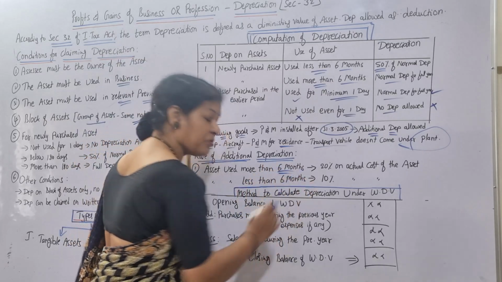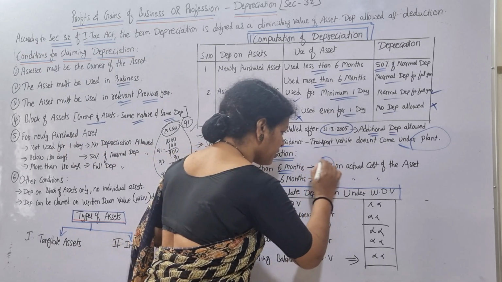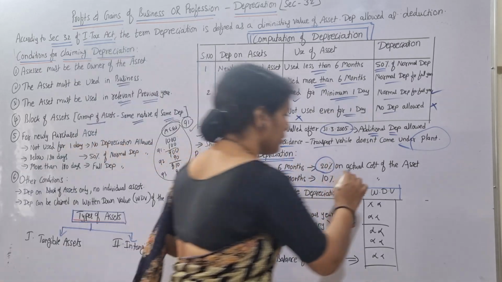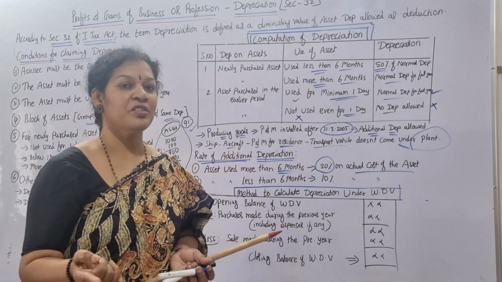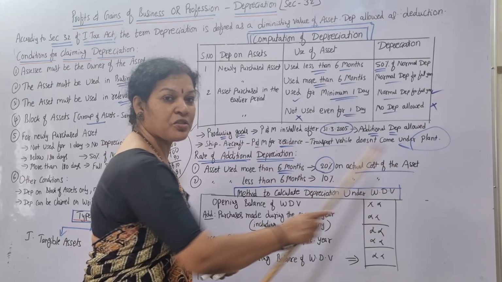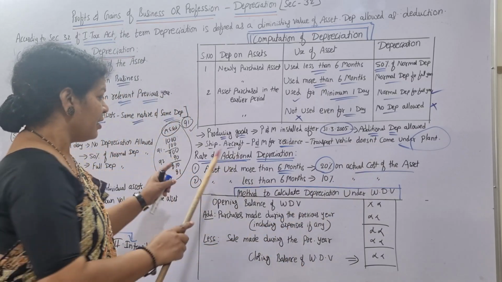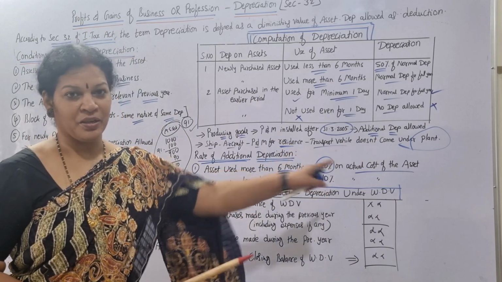If you have used it more than 6 months, meaning more than 180 days, then 20% on the actual cost of the asset. Used more than 6 months means you are eligible for 20% of the cost of the asset. And if the asset is used less than 6 months: more than 6 months, 20%.